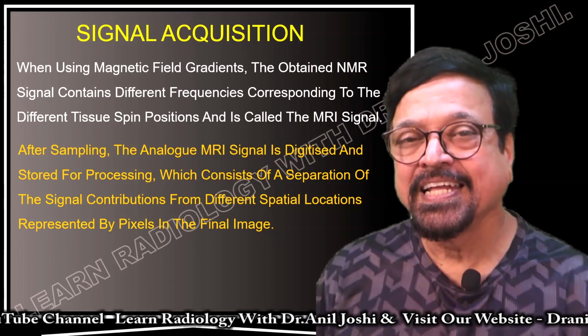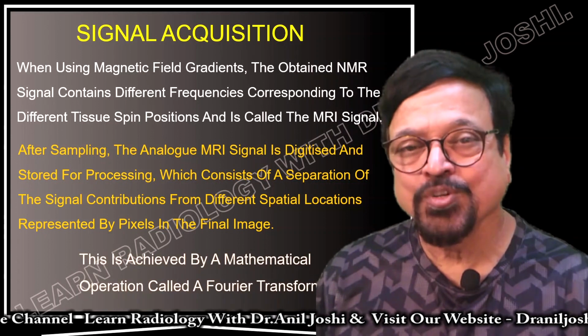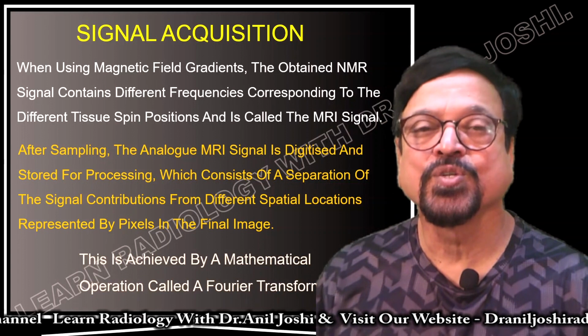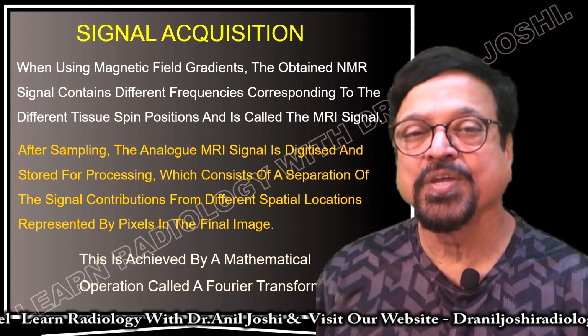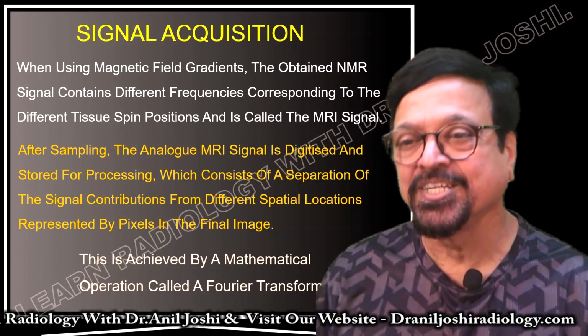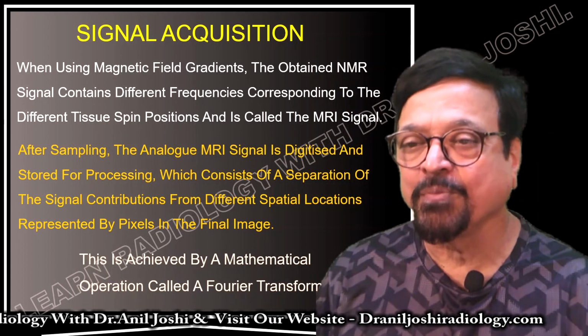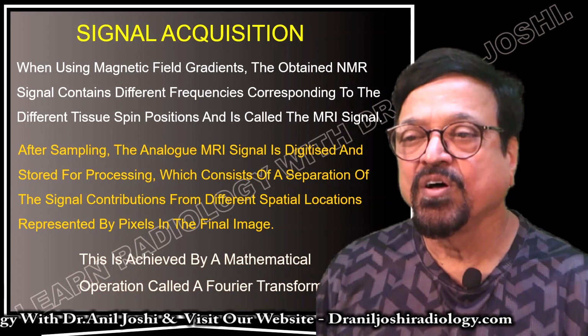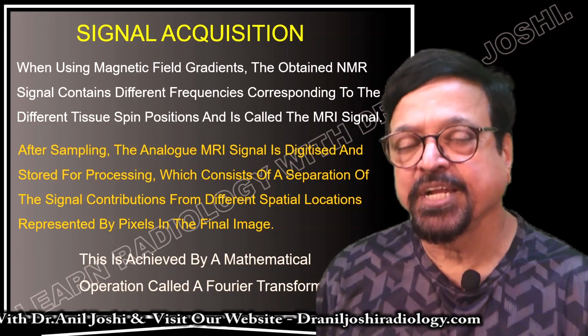So, different tissues have to give different signals, different pixel brightness, that will give a better image. This is achieved by a mathematical operation called Fourier transformation.